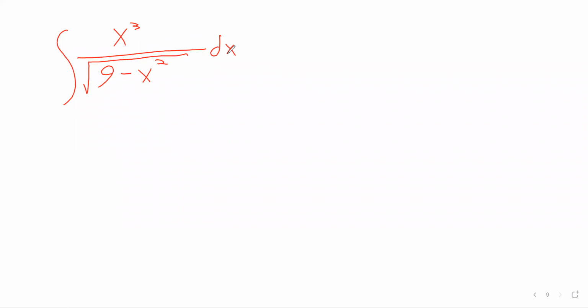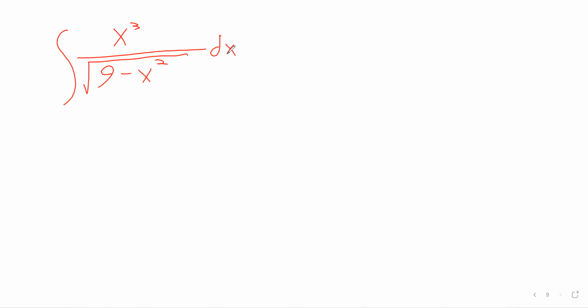So let's replace that numerator with x cubed. So this is no longer going to just be an inverse trig function. At this point, we legitimately need some kind of special technique.